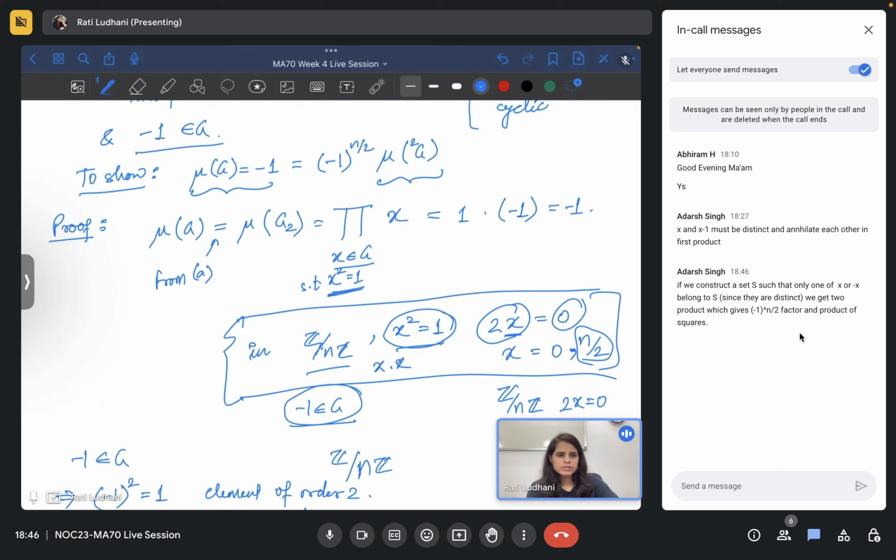Can you unmute and speak? Are you talking about this question only? This part? If we construct a set S such that only one of x or minus x belongs to S... why are x and minus x different?